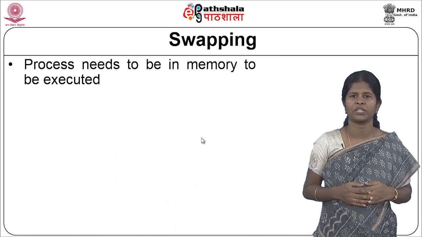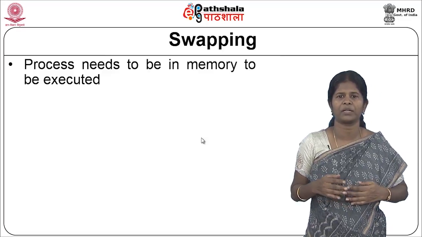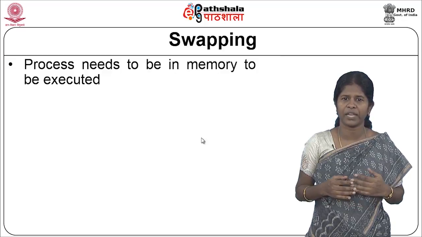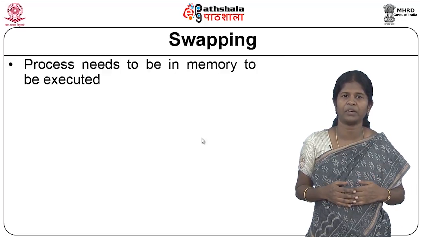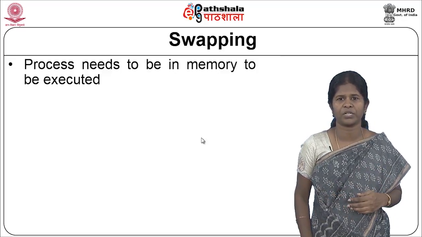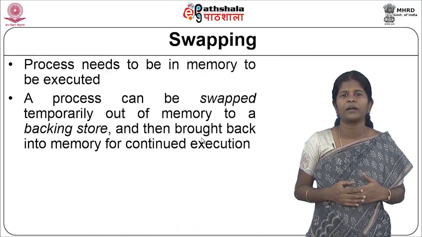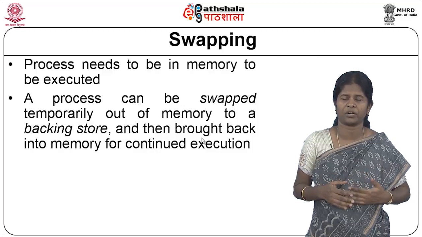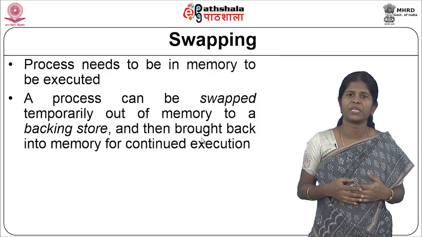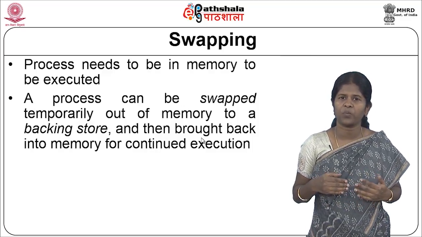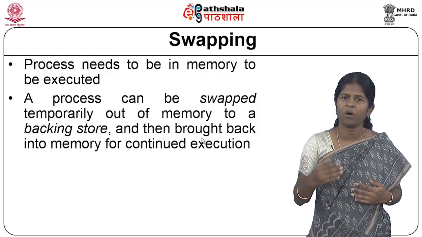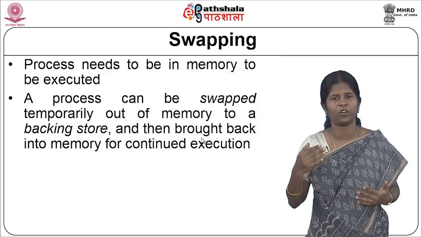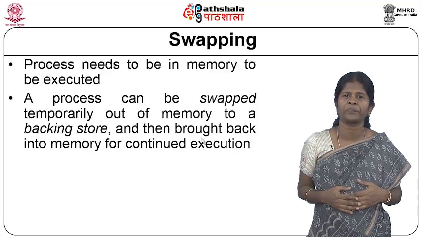Now, we move on to learn what is meant by swapping. As I told you earlier, a process needs to be present in the main memory for it to be executed, and all the processes cannot be kept in the main memory at a particular time. We have also seen that a process will not use the CPU continuously. A process can have CPU bursts followed by IO bursts, and so on.